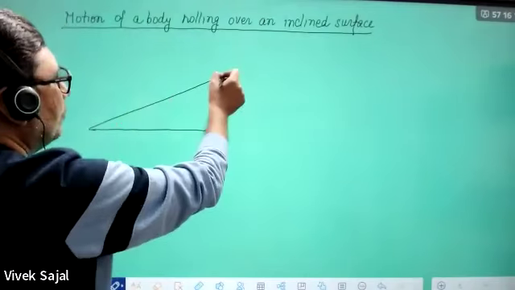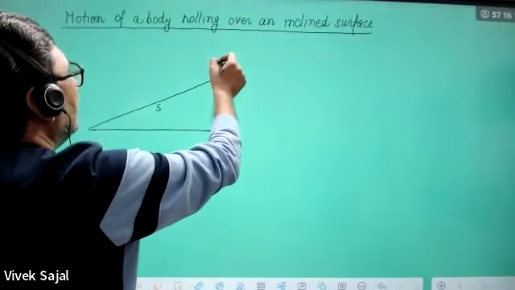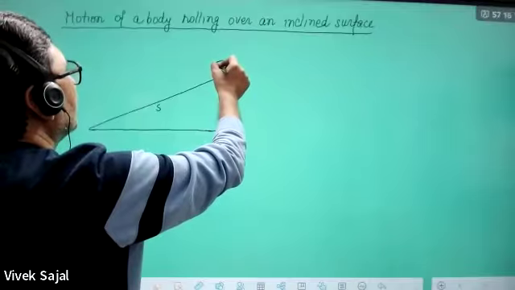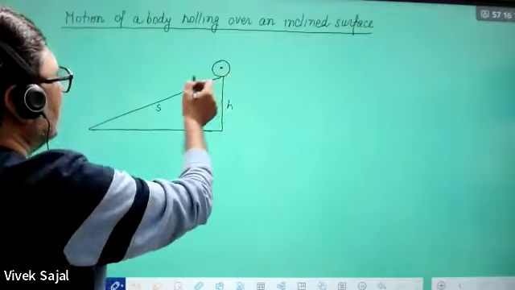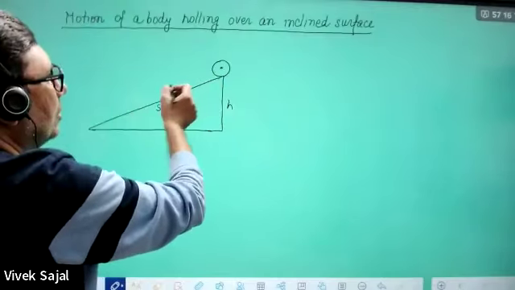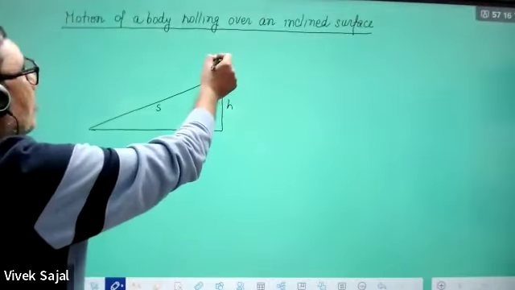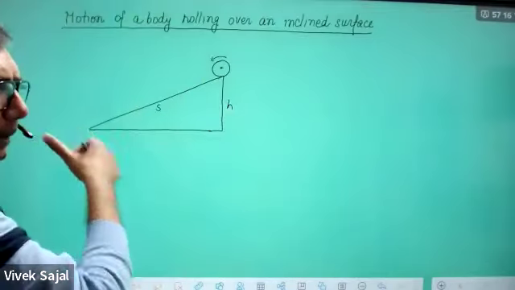I say the length of the slope is s, and an object, it may be a cylinder, a sphere, or a disk, is here. It is going to undergo rolling without slipping. So it moves like this.